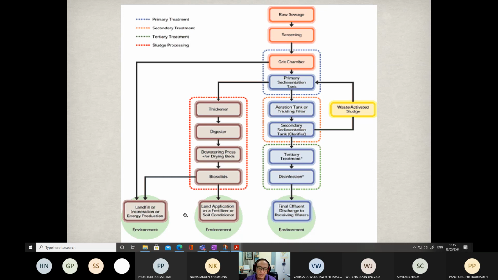Okay, so for the sludge treatment and management process here, the capital cost and the operations and maintenance costs could actually account for 40% of the entire budget for the wastewater or water treatment. So it contributes a lot to the budget.